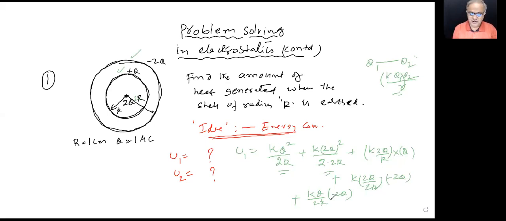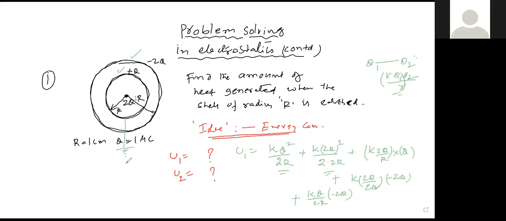That you find out. Then U2 you should find out. After that, what will happen if you connect it to ground like that? That's what we need to check. When it is earthed, what will happen to the charge on the inner shell? The potential should be made 0, right?